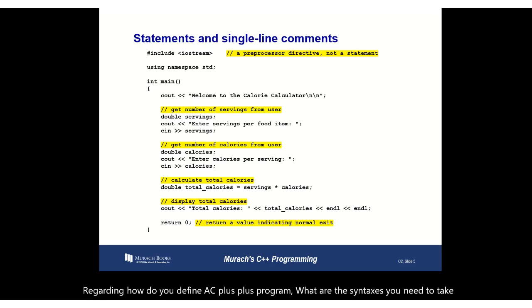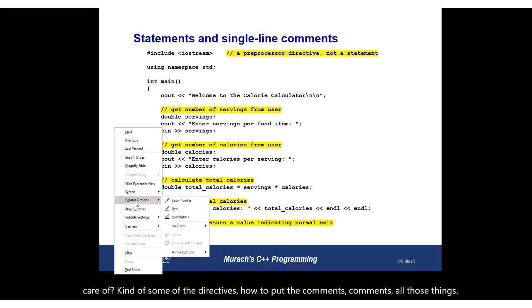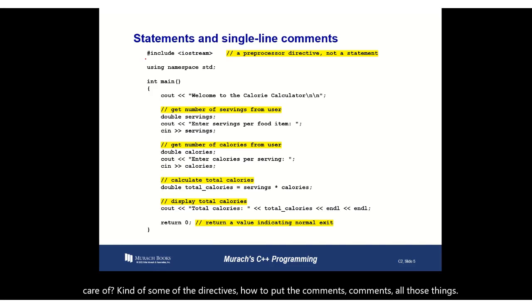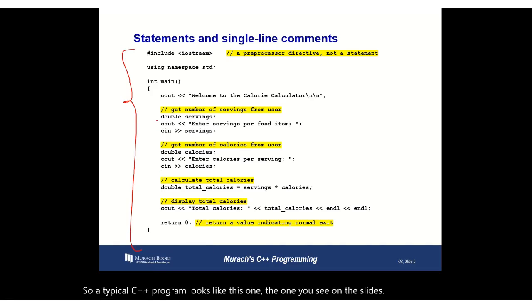So a typical C++ program looks like this one, the one you see on the slides. Here you can see that the program starts with a directive called include, and you are including iostream, which is a module that contains the resources for inputting and outputting streams.